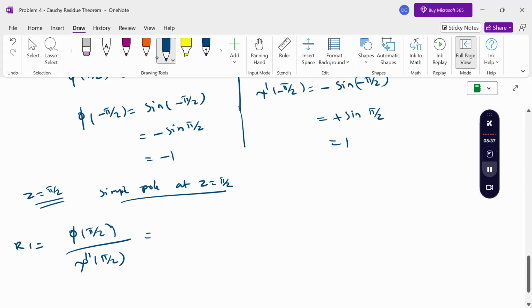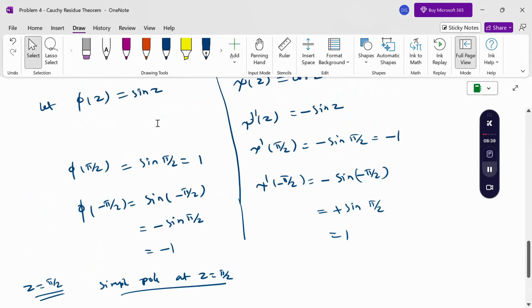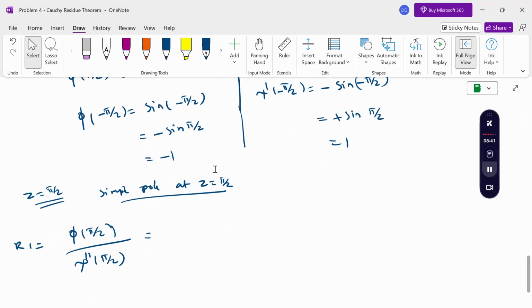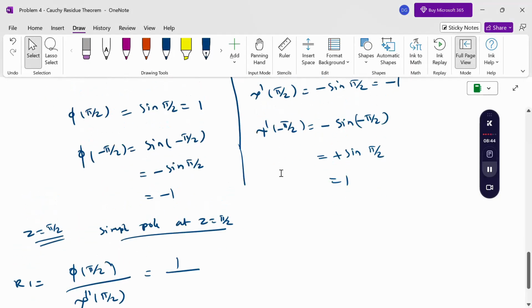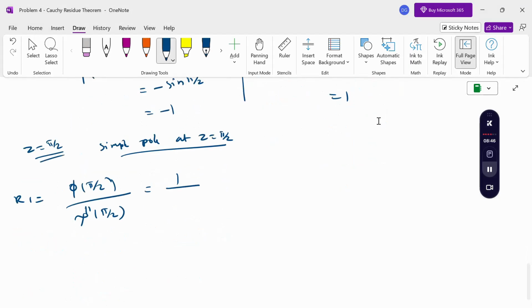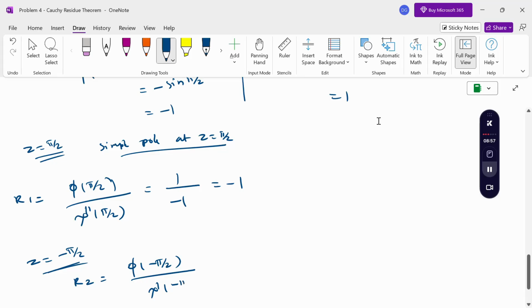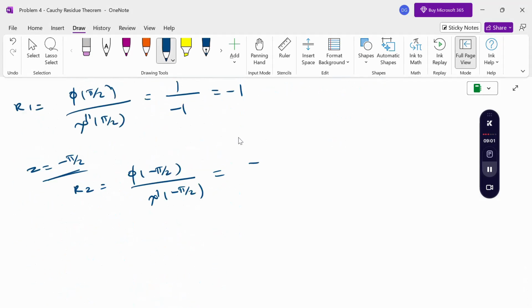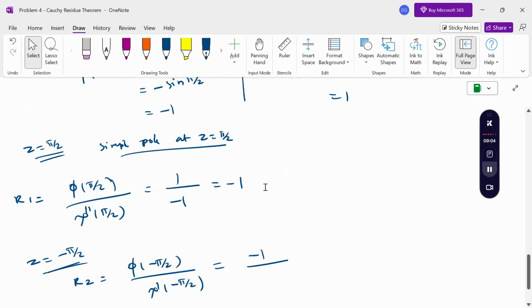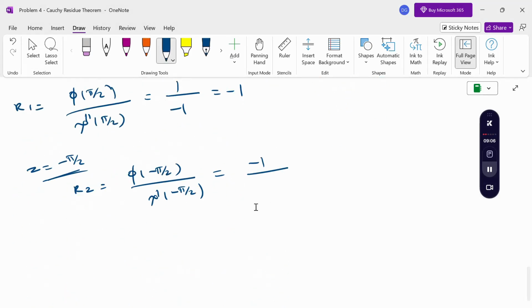Phi of pi by 2 is 1, and psi dash of pi by 2 is minus 1, so residue 1 is minus 1. Then for Z equal to minus pi by 2, residue 2 is phi of minus pi by 2 divided by psi dash of minus pi by 2, which is minus 1 divided by 1. Again this is minus 1.